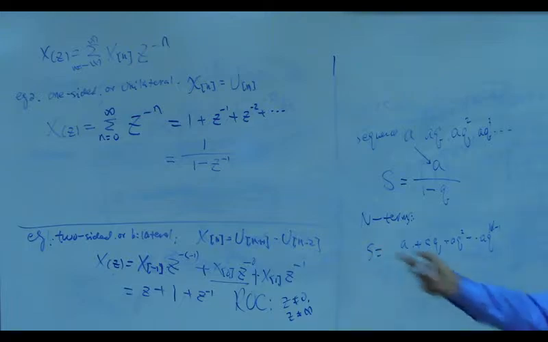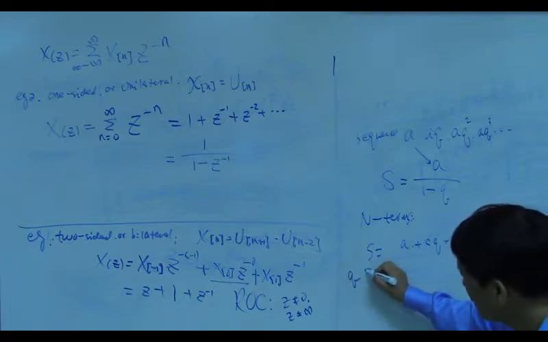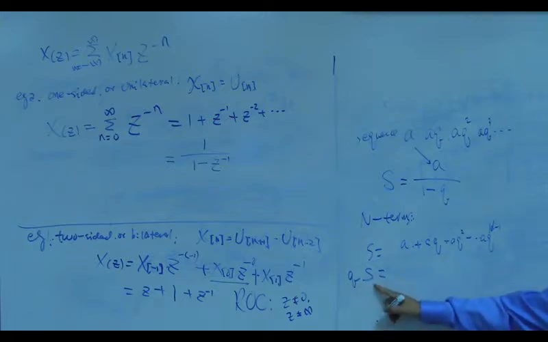I assume that equals S. So I want to calculate S. What is S? Okay, how to do this? There's a formula, but if you forget, it's easy to derive. What we do is calculate q times S. What is a times q? That is aq.